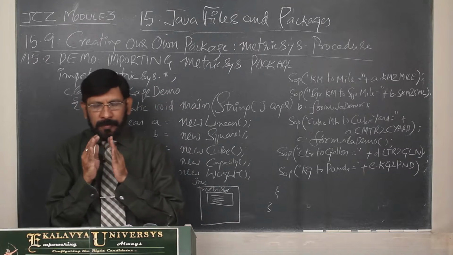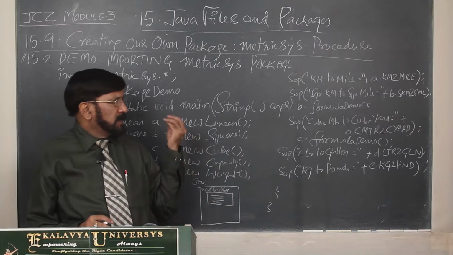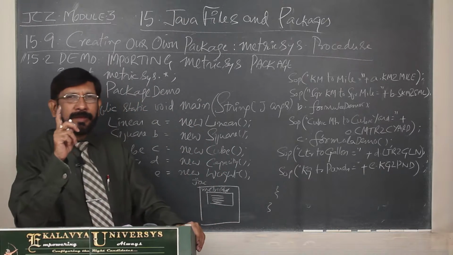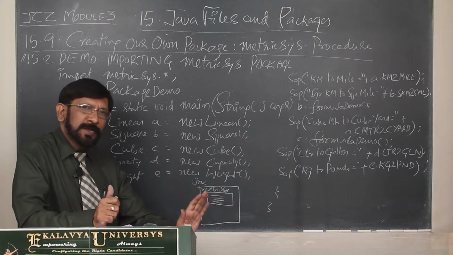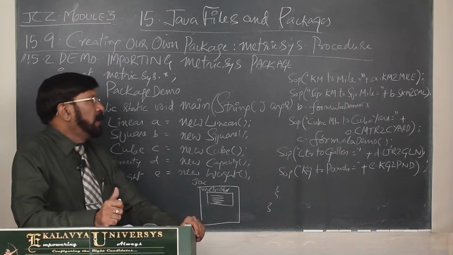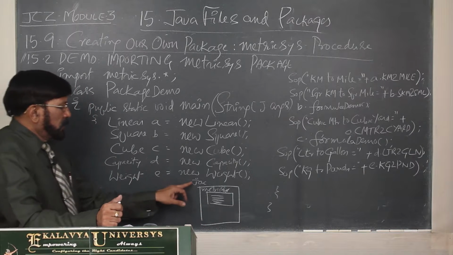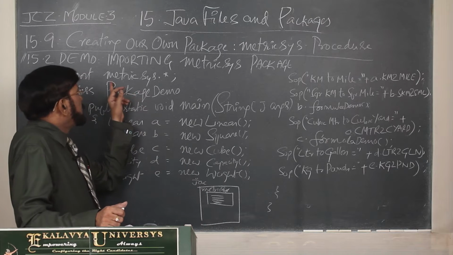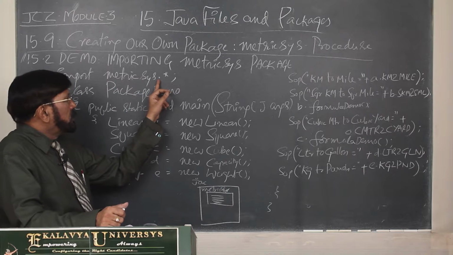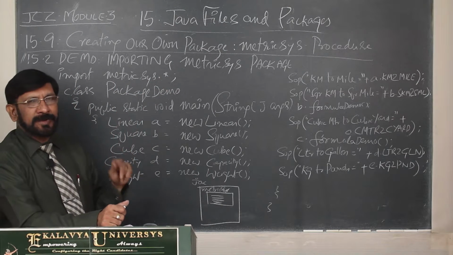Of course, this program is very simple, but why I have given this is so that you understand the procedure very clearly. One more point: this program is written here in Jack, that is why Metricsys.* is enough.